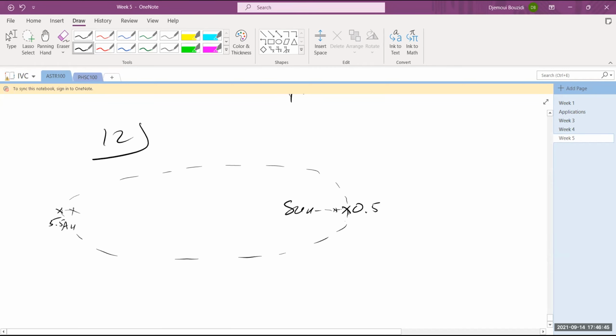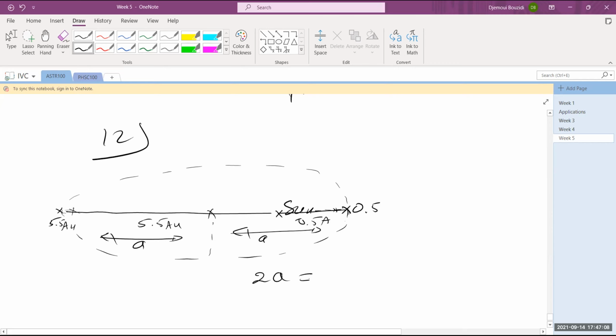We want to find its A. This is where the sun is. This distance is 0.5, and this distance is 5.5. And if I take the center somewhere in here, this distance is A, and this distance is A. So A plus A, which is 2A, must be equal to 5.5 plus the half.